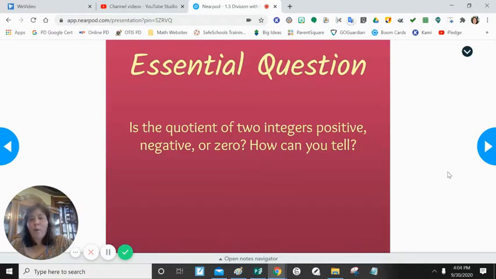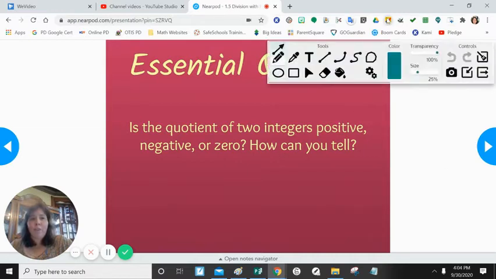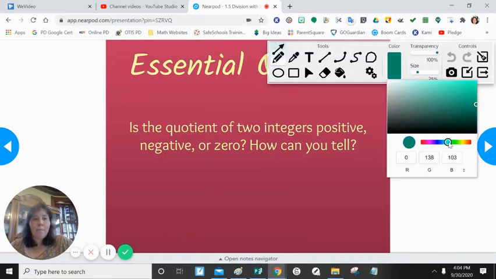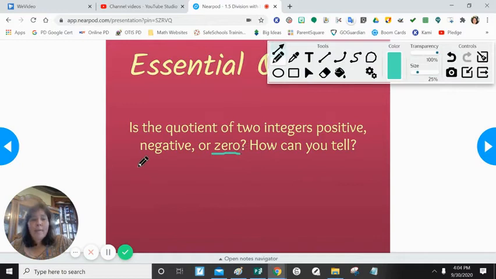How do you know if your quotient is going to be positive, negative, or zero? So let's start with if our quotient is 0 first. Let's pick a nice bright color. So our quotient will be 0 when our dividend is 0.